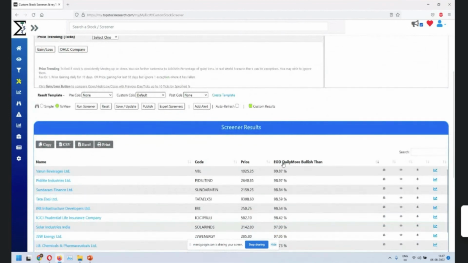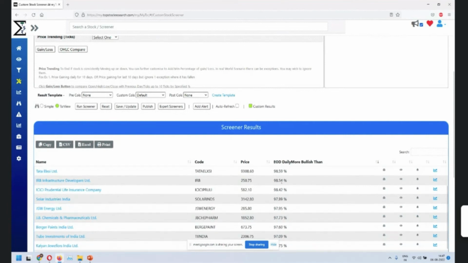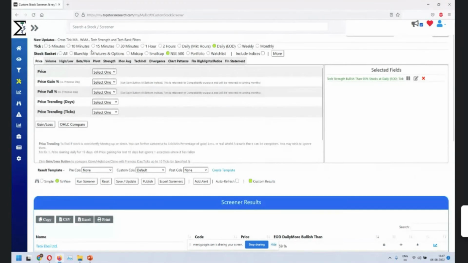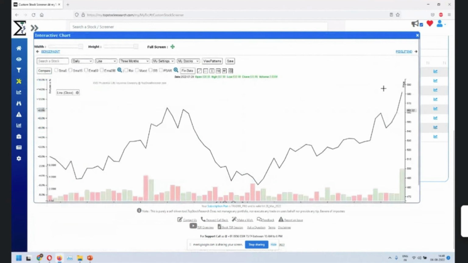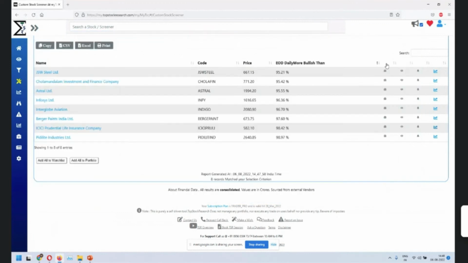Sort this, and you'll see that Varun again comes out here, obviously. If we change it to a smaller limit, you'll find that Pidilite and ICICI Prudential look pretty bullish. Look at the chart. It itself will tell that it's very good. It uses the algo engine.